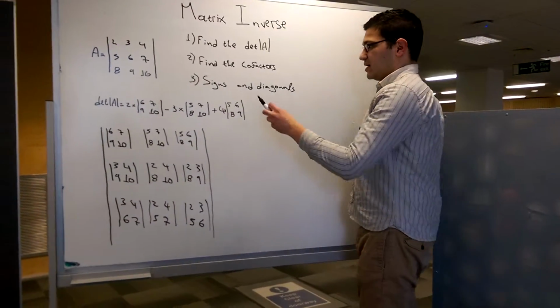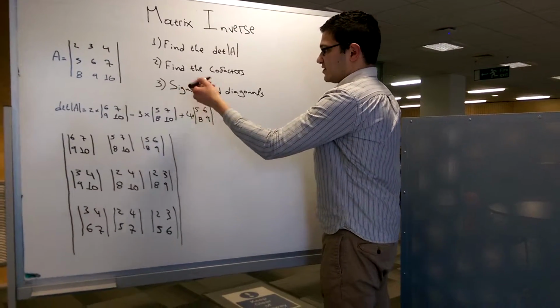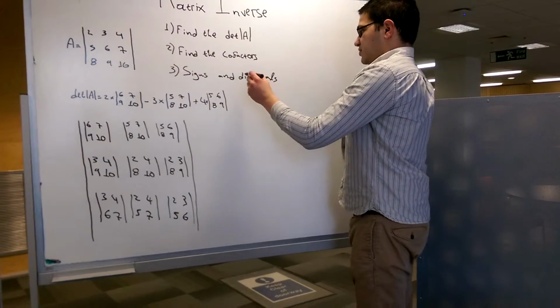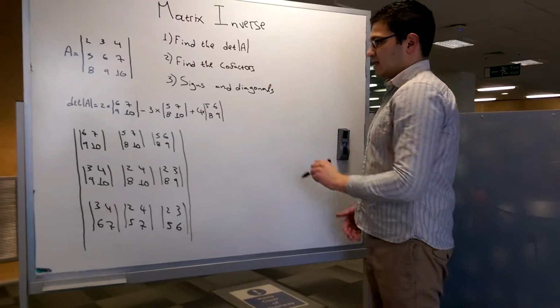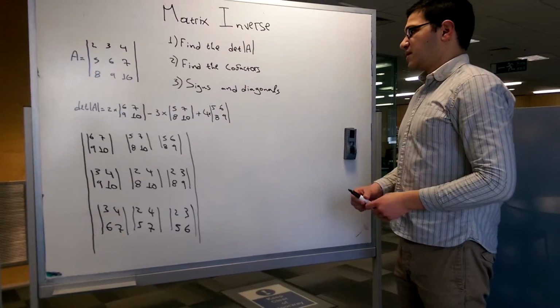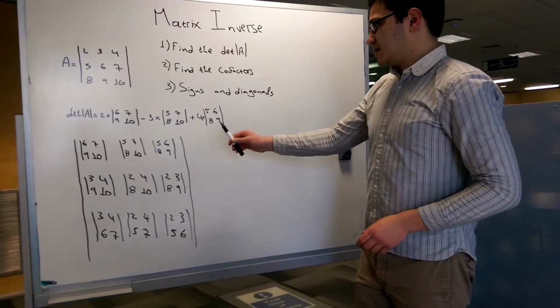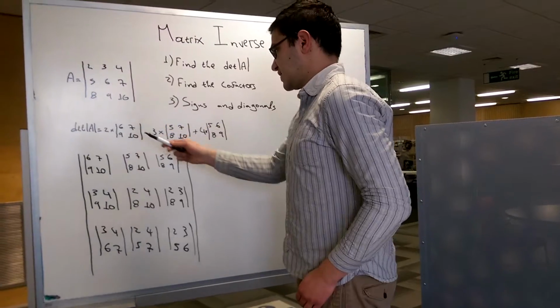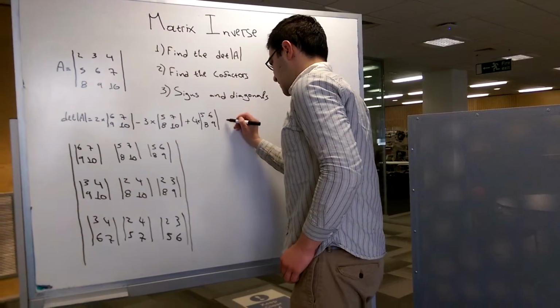And then you have to inverse the signs of this matrix, and you have to swap some numbers across the diagonals afterwards. So what we've done here is the first step. We found the determinant, and we are going to calculate it.